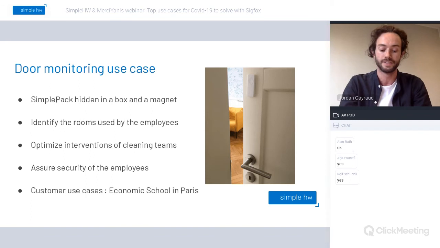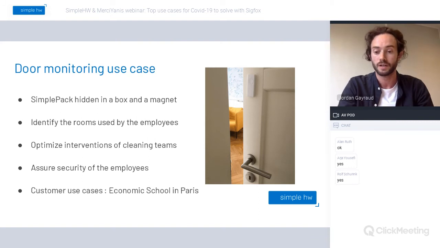Another use case is using the SimplePack in counter mode, where we can count the opening and closing of doors. Then we know which rooms are really used more than others, and this allows us to optimize interventions for cleaning teams. In MerciYanis, the facility manager can select the manager of the cleaning team, who can be warned by mobile, by mail, or by WhatsApp.